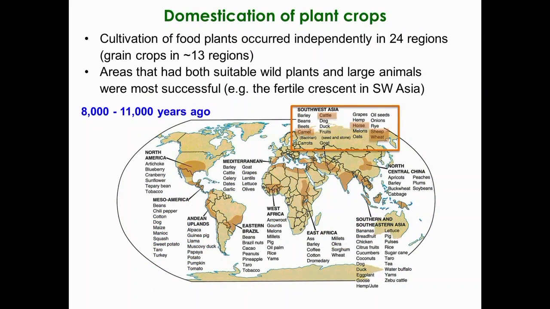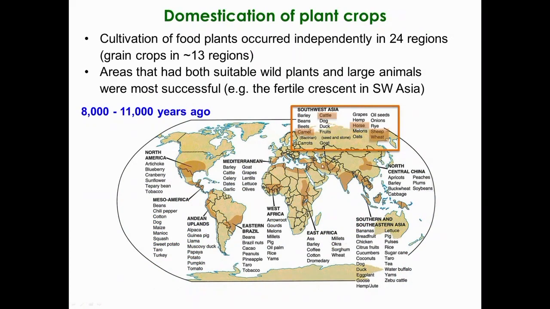So focusing on domestication of plant crops, about 10,000 years ago this took place independently across the planet with a variety of plant species, as listed here in these different regions. Some regions were more successful than others.